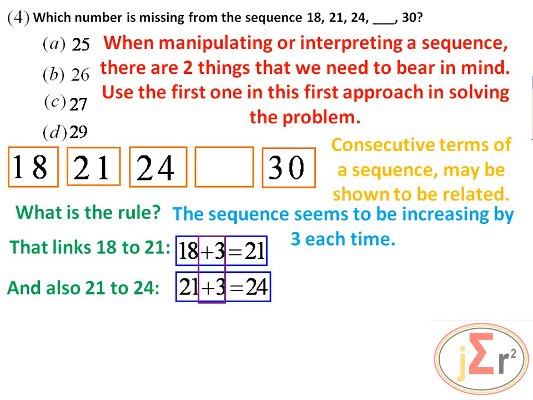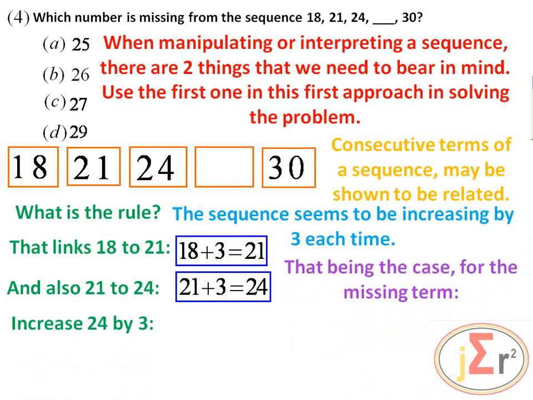So 18 plus 3, that's 21. 21 plus 3, that's 24. The sequence seems to be increasing by 3 each time. That being the case, for the missing term, increase 24 by 3. So that will do for the missing term. 24 plus 3, and that is equal to? 27.